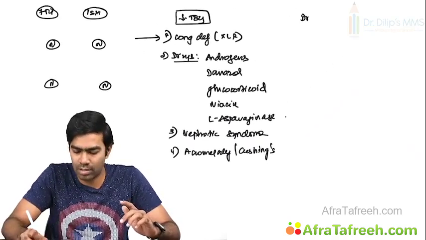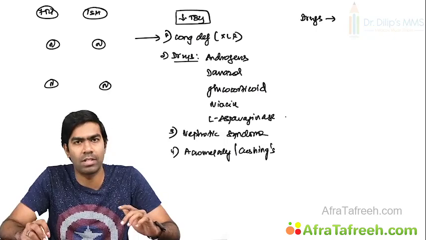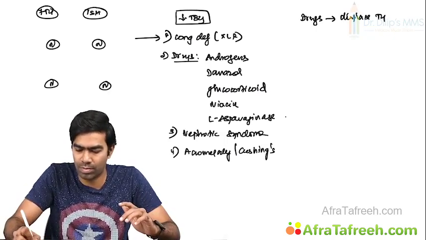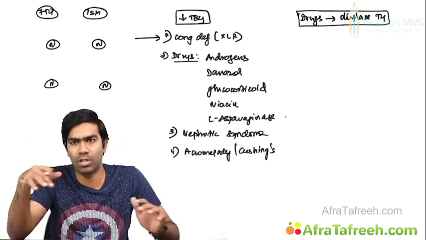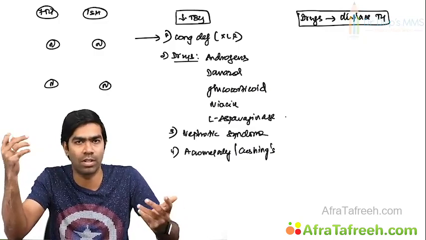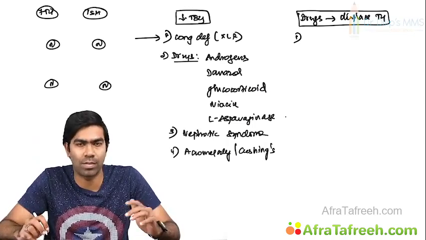And there are also certain drugs that displace the thyroxine from the TBG binding sites. So if you displace T4 from the TBG, obviously your bound thyroxine will reduce, so that the total thyroxine will reduce obviously. So what are the drugs that displace the thyroxine from the binding sites?